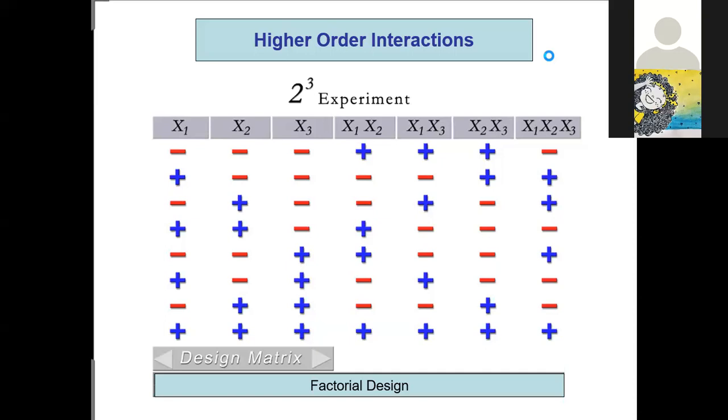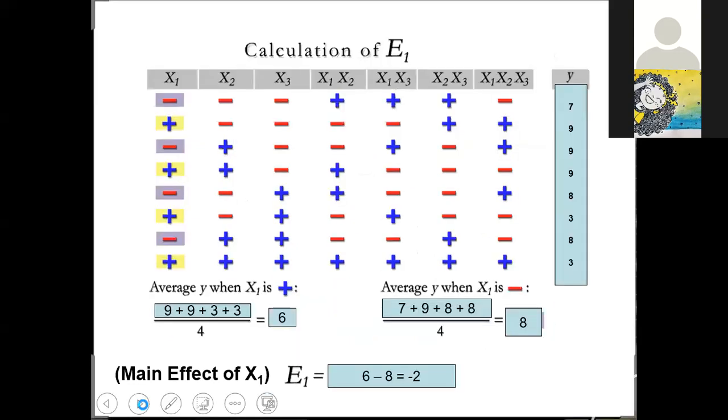Right, further, I'm not going to talk about this, I will give you the copy of this. I will upload a copy of this to the LMS, so you can find out the effects. If I want to find out the effect in a 3 factor design also, we can easily find the effects. Let's say I'm going to find out the effect of X1.